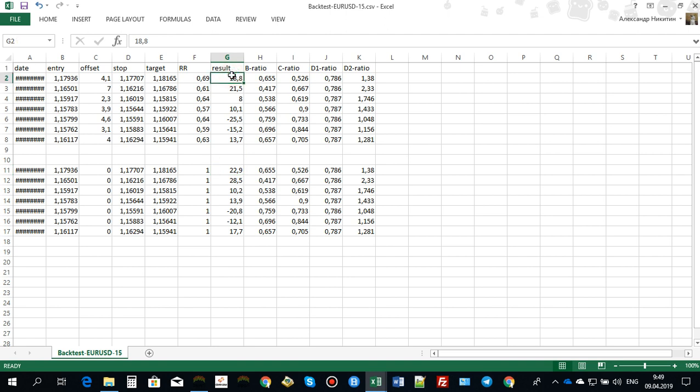Earlier entry gives you a worse price, that's why your take profit is less by offset and your stop loss is greater by offset. So initially stop loss was 20.8 if we don't use any offset, but then it increased to 25.5 because almost 5 pips was in offset.